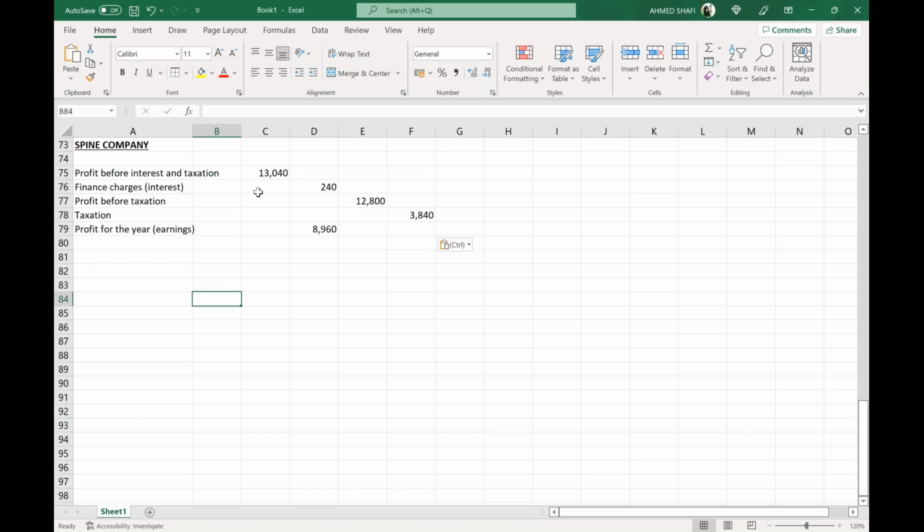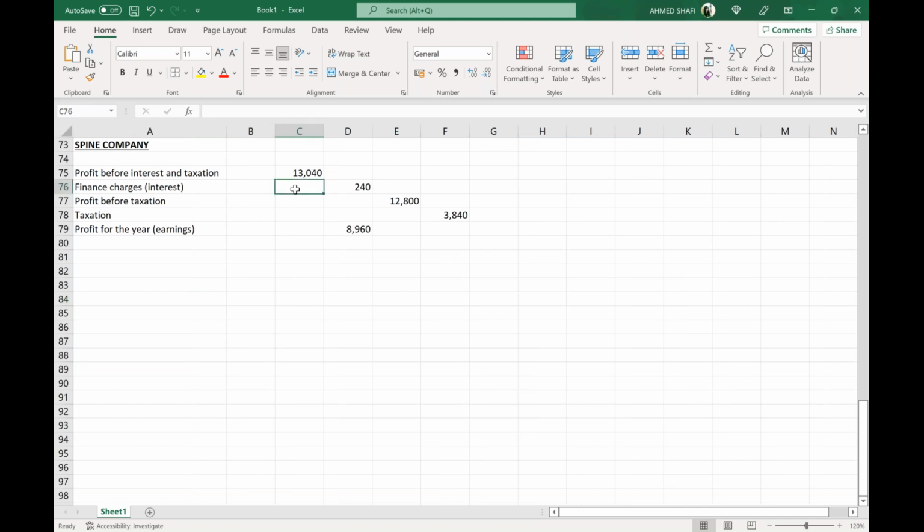That PBIT was 13040. The interest was 240. Deducting it, we got 12,800 as PBT. Then you paid taxation. What is the tax rate? 30%.